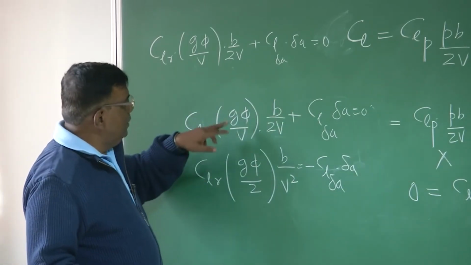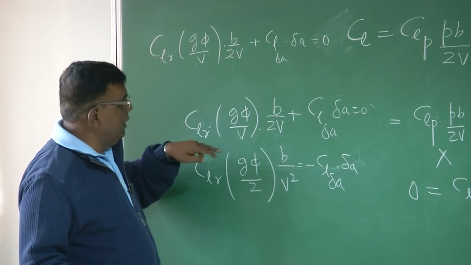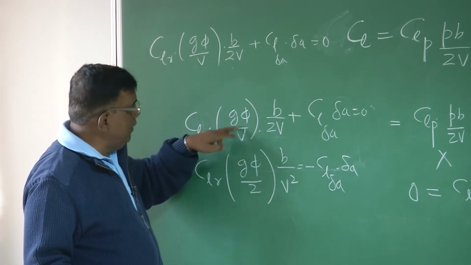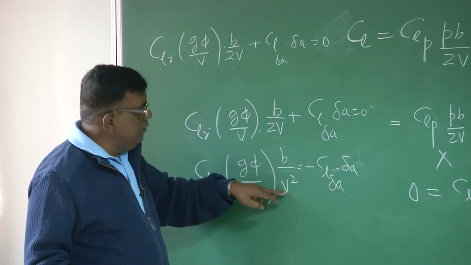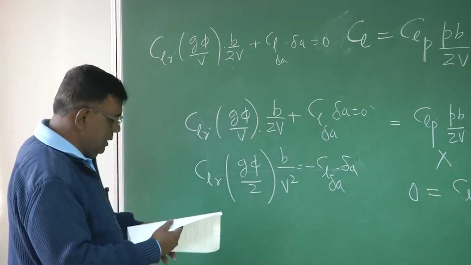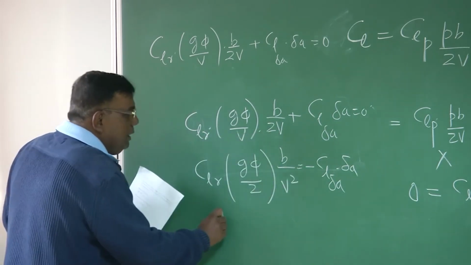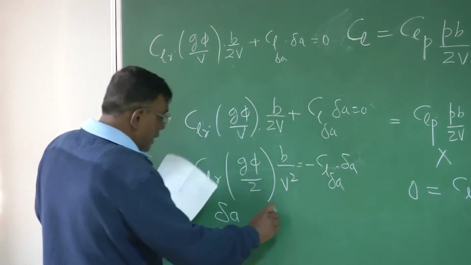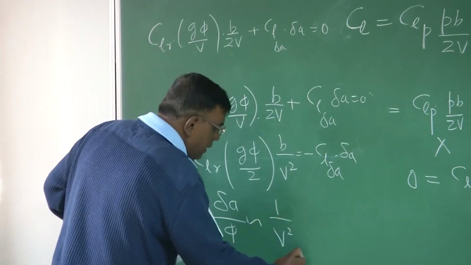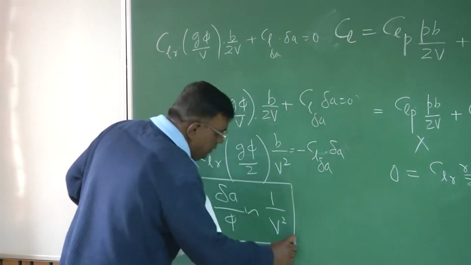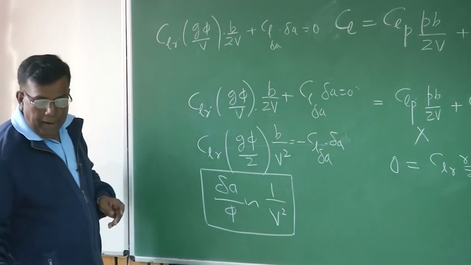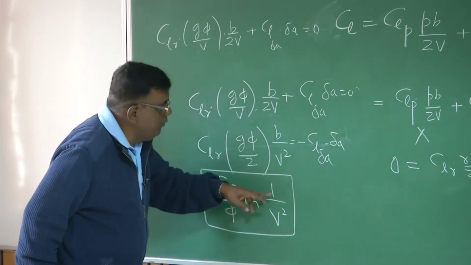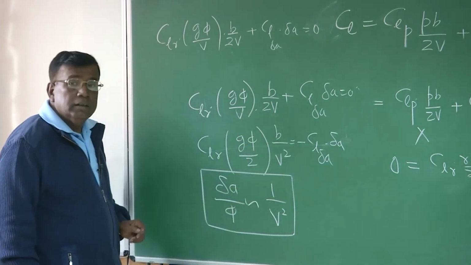Now, from here to here, nothing great we have done. The 2 I have taken inside this G phi by 2, this V has gone outside, so V square. So you could easily see that delta A by phi varies with 1 by V square. This is an extremely important observation. What is the meaning of this?